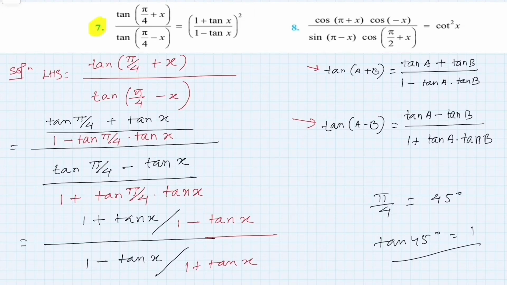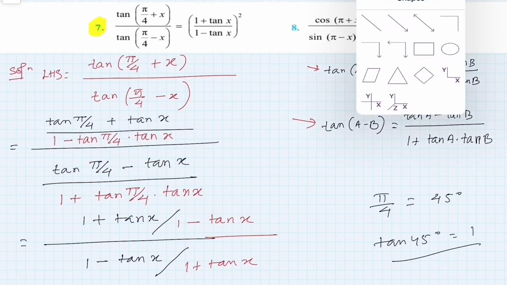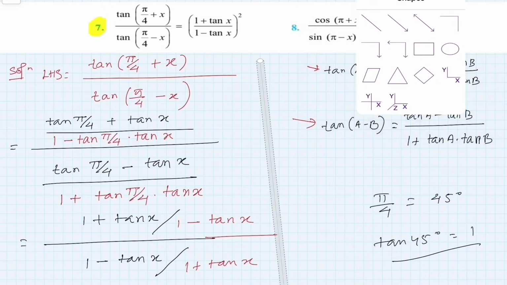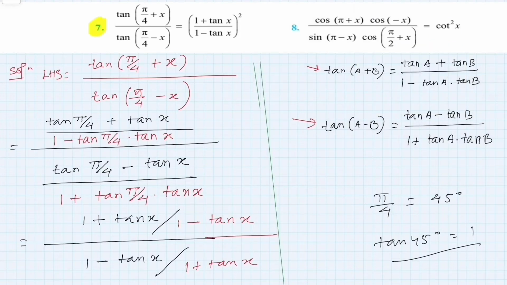Let me write the remaining part on the right hand side.